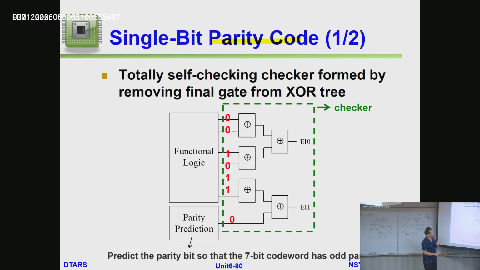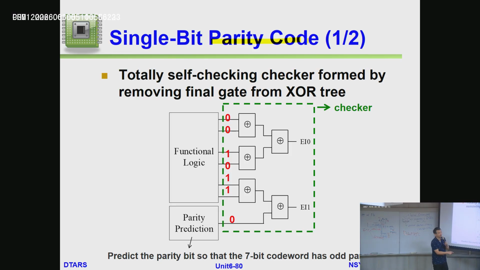However, now for this parity prediction, it is used to generate a specific 1 bit. Remember that it is a 1-bit parity bit. The purpose is that no matter the output of your functional logic, if we have this output together with this parity bit, we can always know whether your output parity should be odd or even.